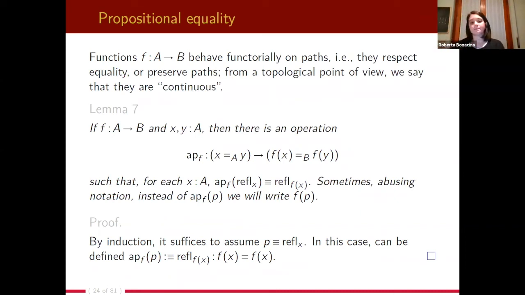We also have that functions f from A to B behave functorially on paths. So we have that they respect equality. Or from a topological point of view, we may say that those functions are continuous.